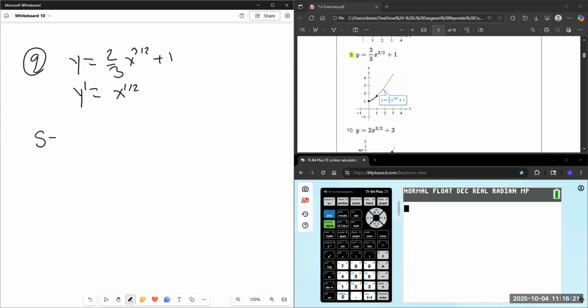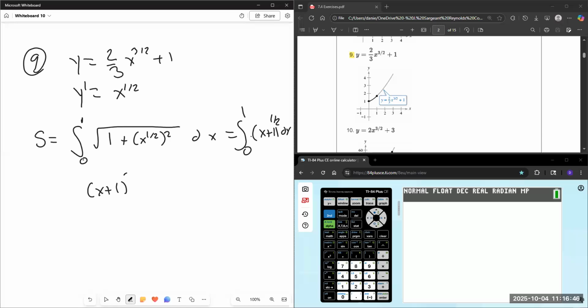And s will be equal to the integral from 0 to 1, which is what's outlined in black there, of the square root of 1 plus x to the 1/2 quantity squared dx. The integral from 0 to 1 of x plus 1 to the 1/2 dx is x plus 1 to the 3/2 times 2/3 from 0 to 1.